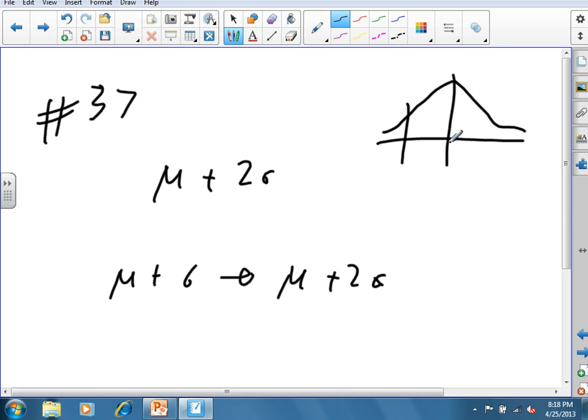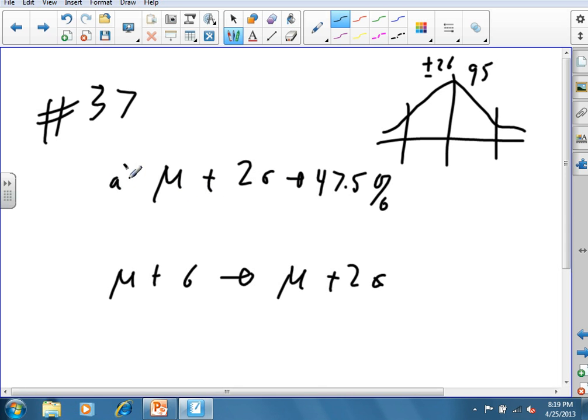So 95% of the data is within plus or minus 2 standard deviations, right? But we're not plus or minus, we're only plus. So what's half of 95? 47.5. So 47.5% of the data will fall between mu and 2 standard deviations.